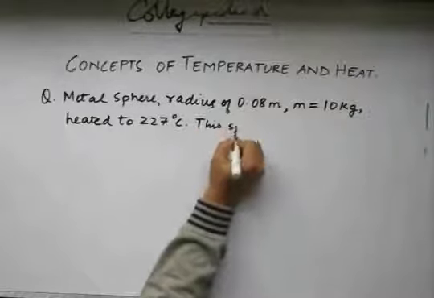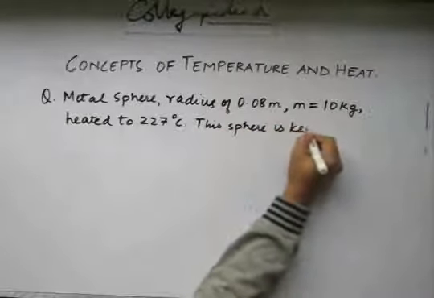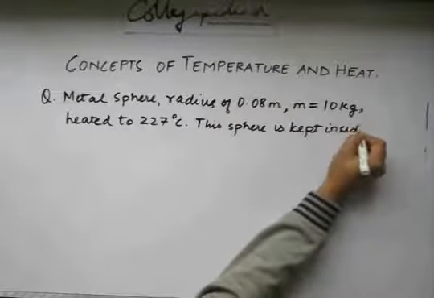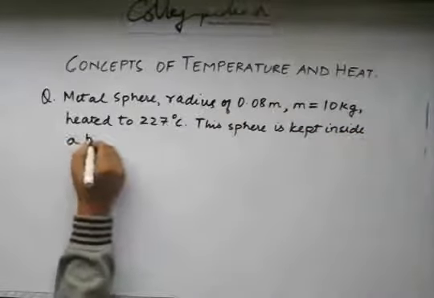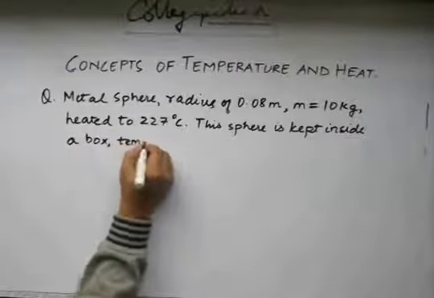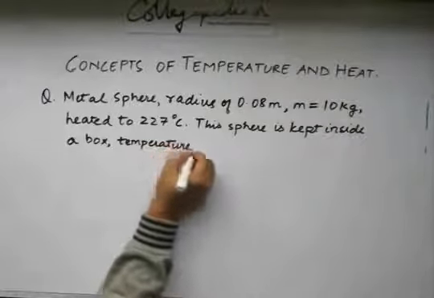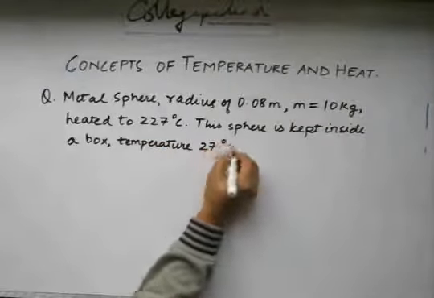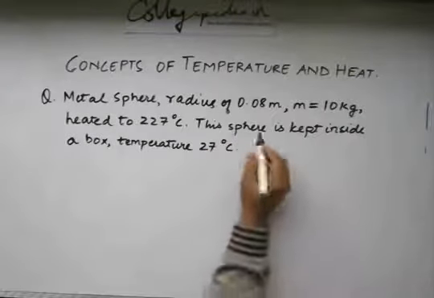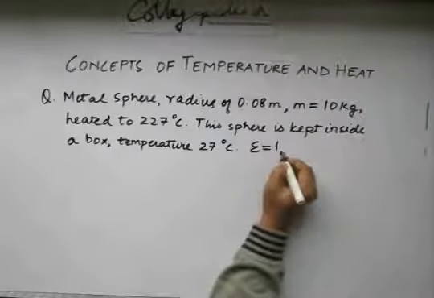This sphere is kept inside a box. This box is at a temperature of 27 degrees. You are given emissivity of this sphere is 1.